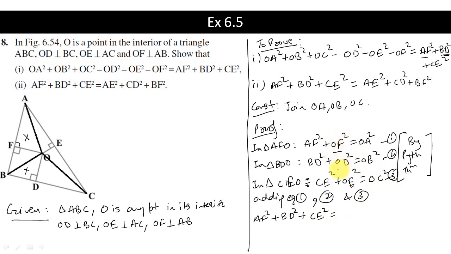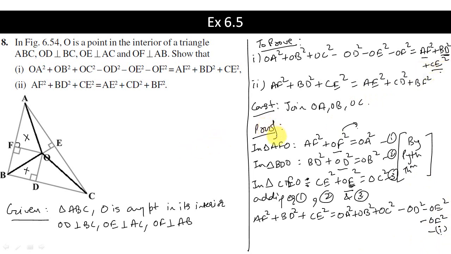This OF square, OD square and OA square, this will move to the right hand side. And what we'll get? OA square plus OB square plus OC square minus this OD square. When this will move to the right hand side, it will become minus OD square. This OE square will become minus OE square, and OF square, this will go to the right hand side and it will become minus OF square. And this is the first part which was to be proved.